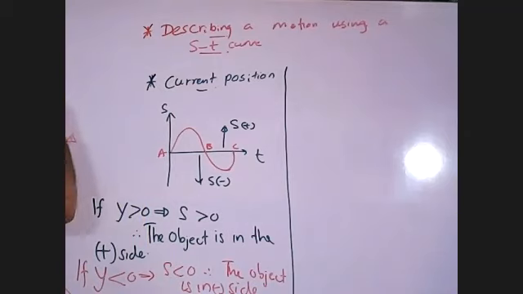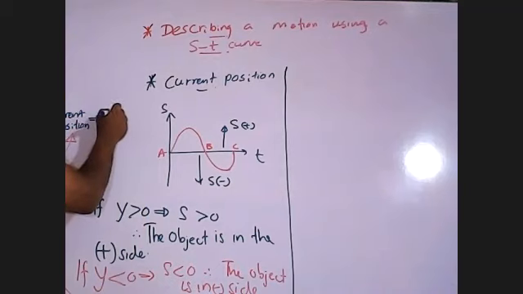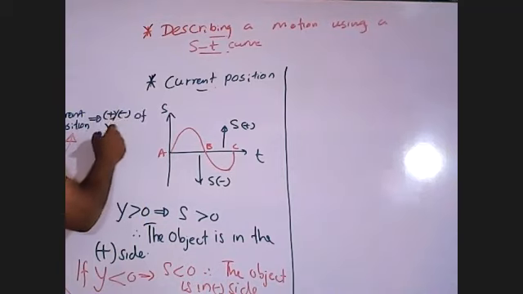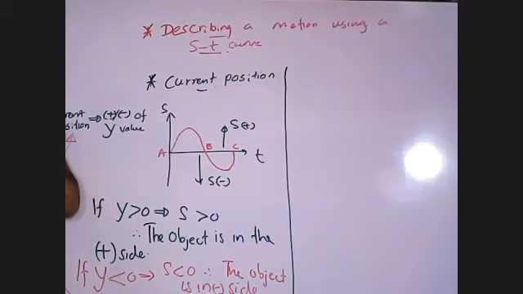So the current position is decided by the positiveness or negativeness of the y-axis.